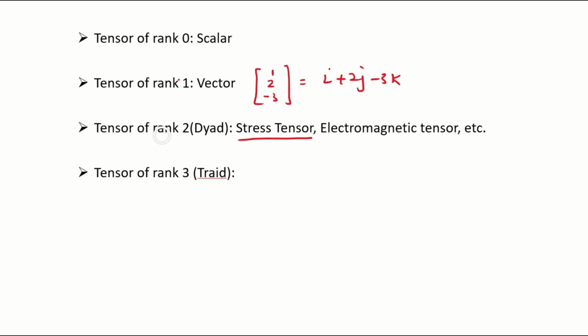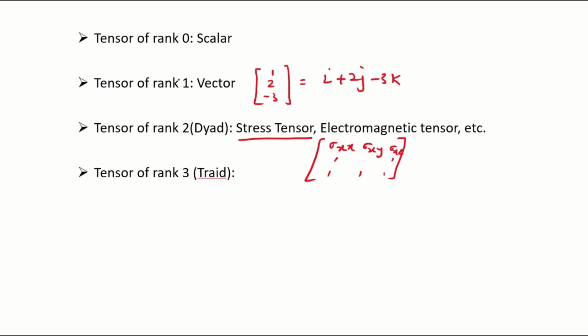Tensor of rank 2: we have the stress tensor, and we have written the stress tensor in the form of a matrix, right? What is this matrix? Basically a matrix is a collection of column vectors.